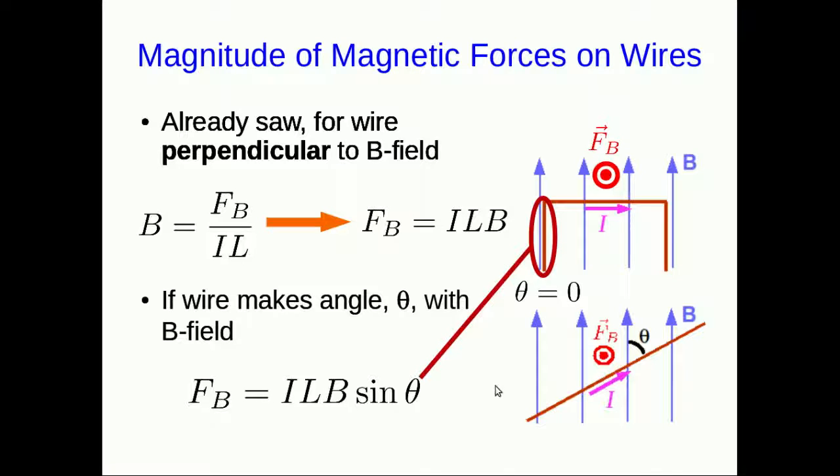And so this expression gives what we need it to, which is a 0 force on any wire that's parallel to the magnetic field. And this tells us that the magnetic force is largest when the wire is perpendicular to the field, or in other words, when theta is 90 degrees.